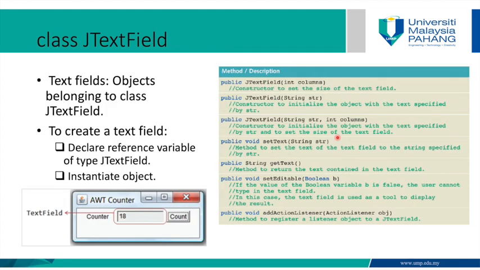Moving on to the next component, the text field. A text field is an object belonging to class JTextField. In this example, here is the text field. To create the text field, we declare a reference variable of type JTextField and then instantiate the object. And these are examples of the methods for JTextField.